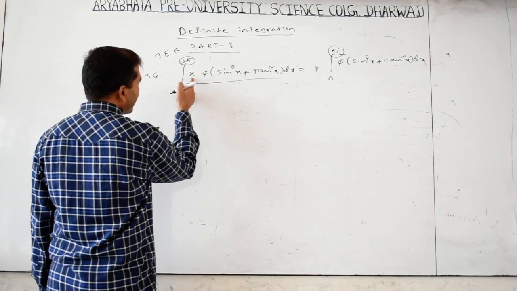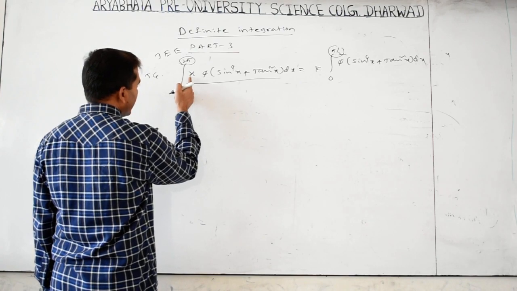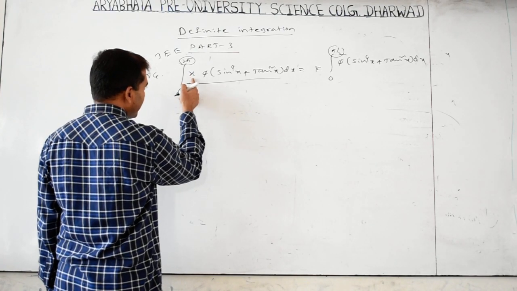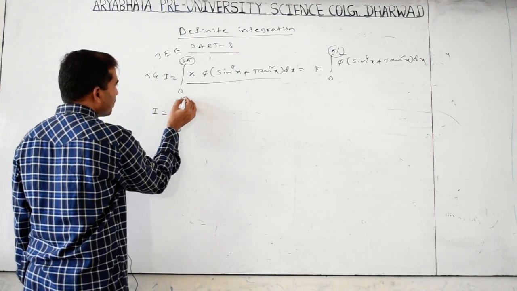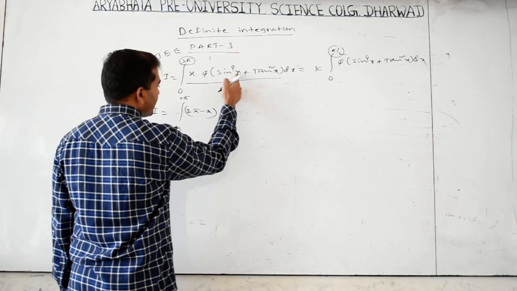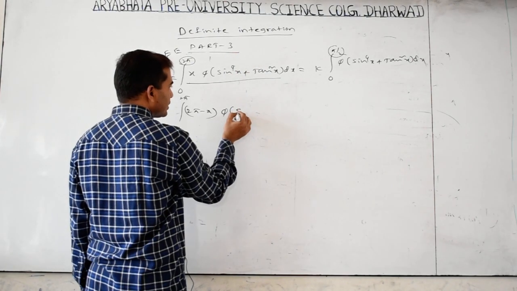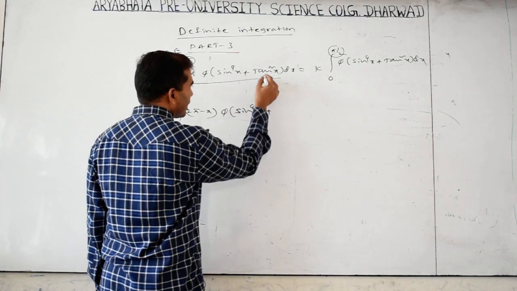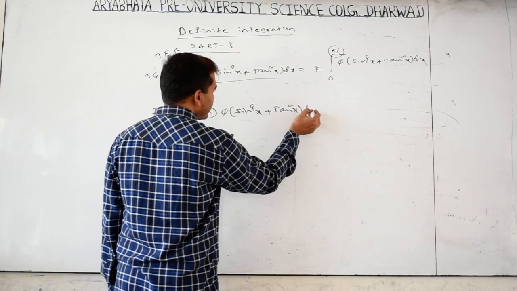If you write here in place of x, 2 pi minus x, first we have to eliminate x. Let this be I, and use the property 0 to 2 pi, x replaced by 2 pi minus x. Sin of 2 pi minus x is minus sin x, minus sin power 4 x is sin power 4 x, plus tan square x, which is positive.